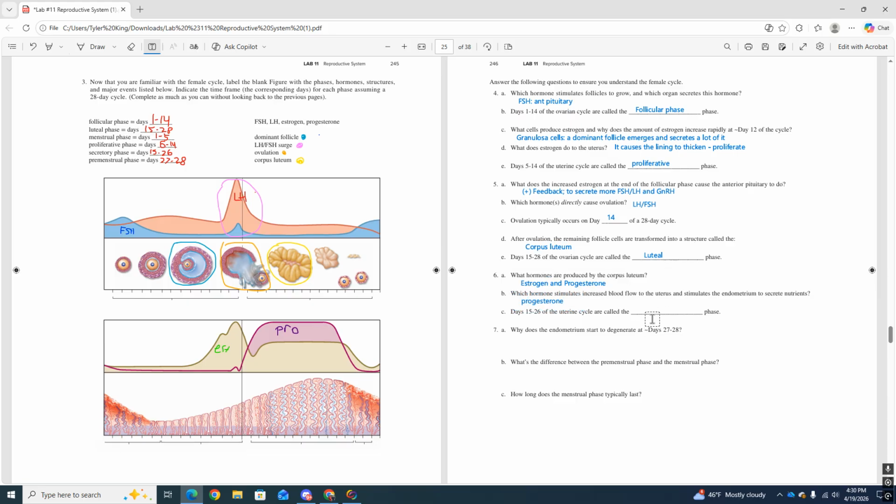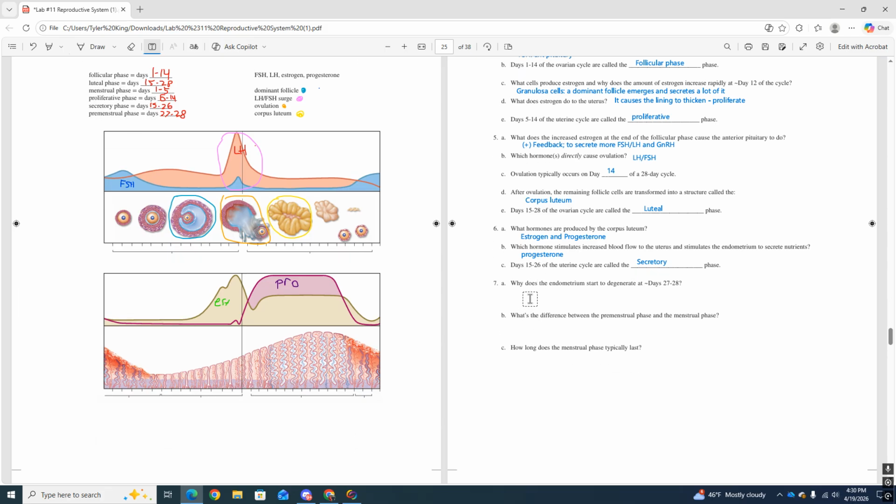Days 15 to 26 of the uterine cycle are called the secretory phase. Okay. And the last one here. Why does the endometrium start to degenerate at days 27 to 28? Because the corpus luteum has died off, and therefore there is no estrogen and progesterone to maintain the lining.